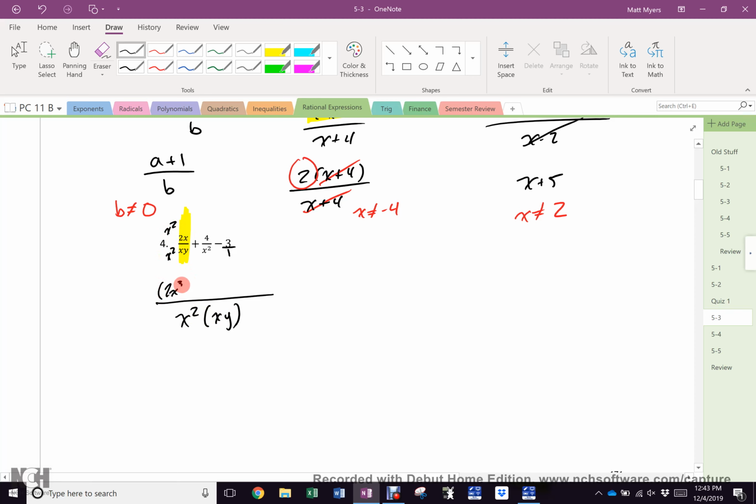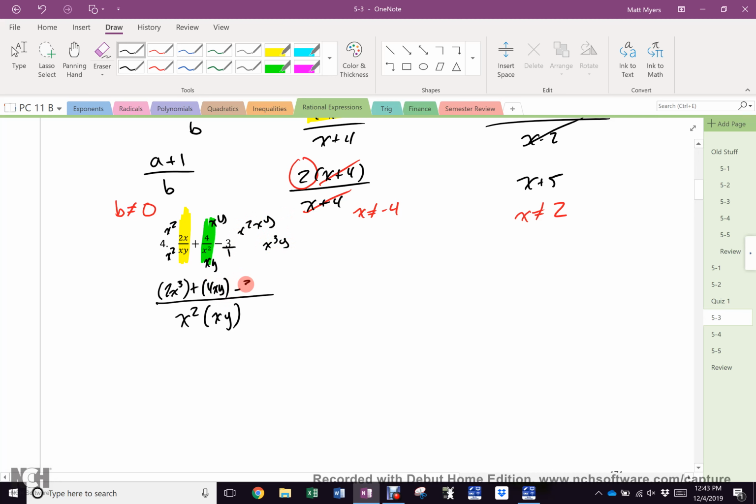What's 2x times x squared? 2x cubed. Plus, what does this term need to get this? xy. So what does this guy need? xy. So it's going to be 4xy, right? What does this guy need? Everything. So x squared xy. That, up here, we're going to expand it. x cubed y, right?